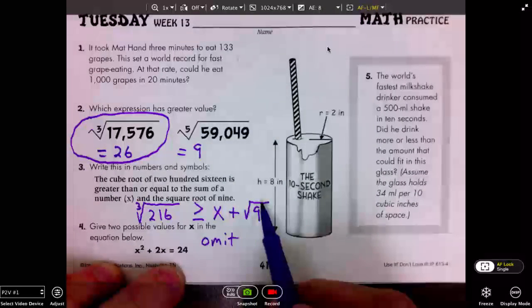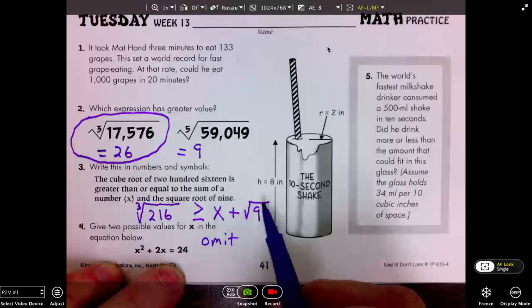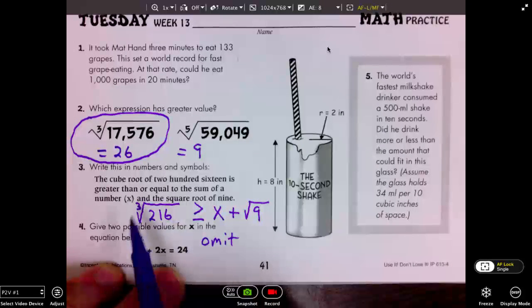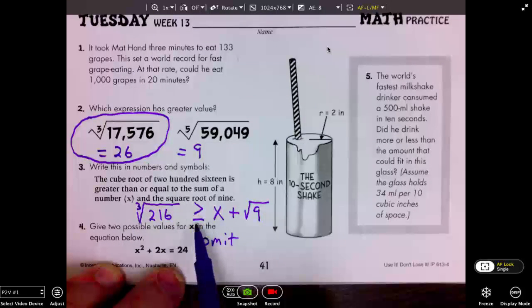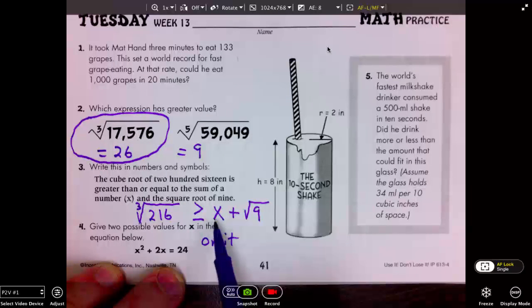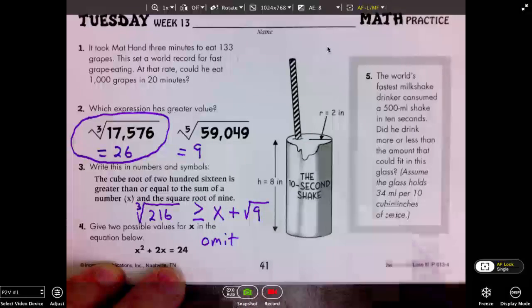When we show this symbol, it implies that we're taking the square root. The cube root of 216 is greater than or equal to the sum of x and the square root of 9.